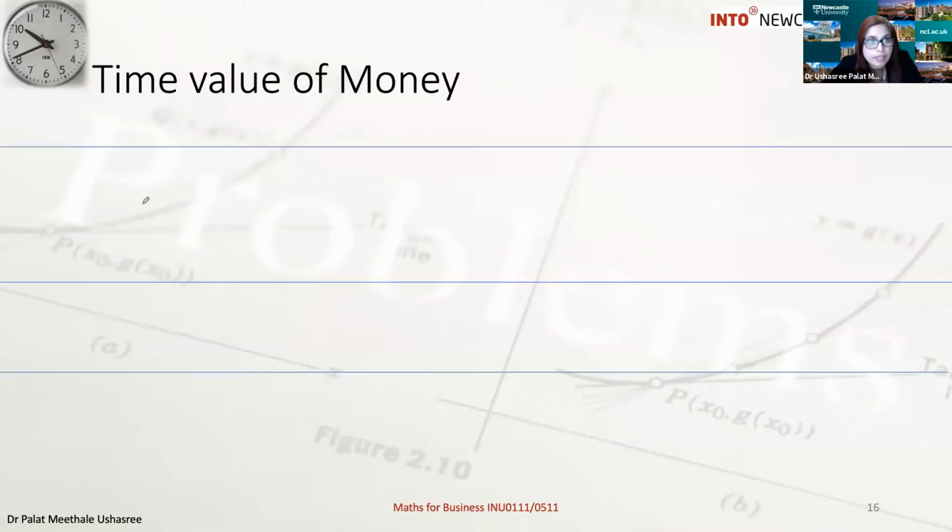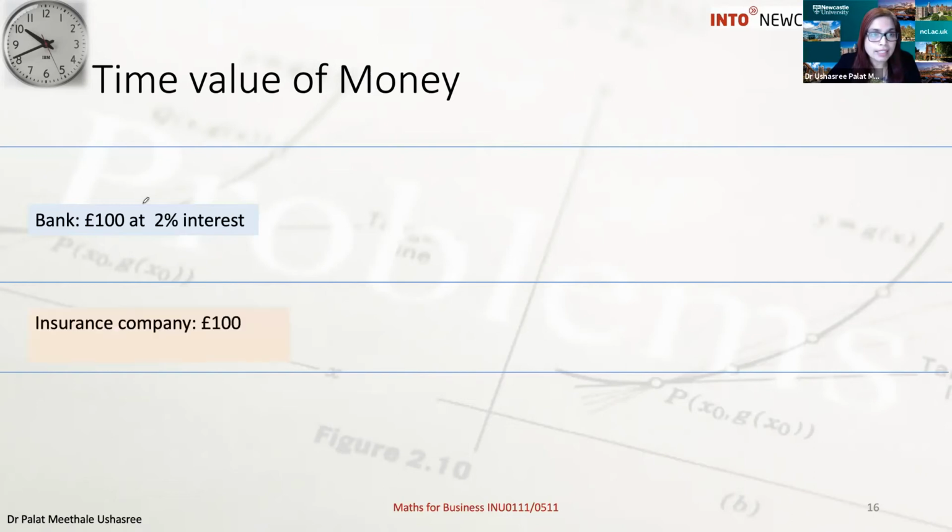Let's consider that you put £100 in a bank and the bank promises you 2% interest. Then an insurance company comes around and says, I'll give you £100 now, £101 in a year, and then in 2 years I'll give you £103.